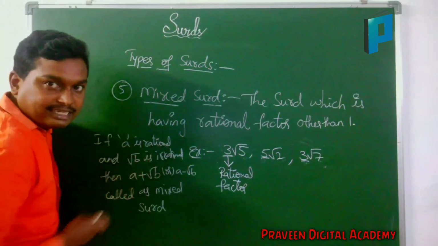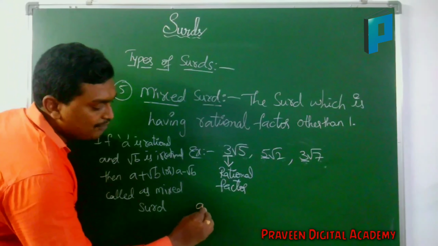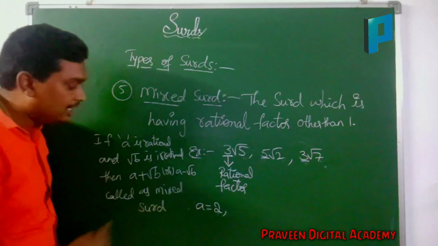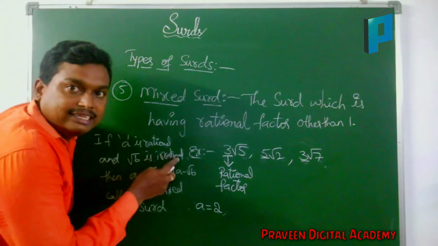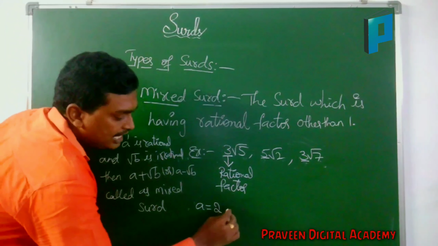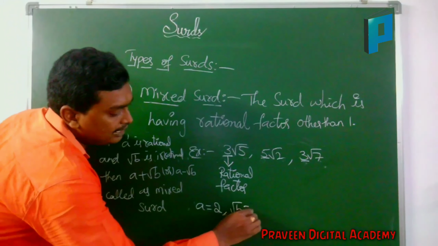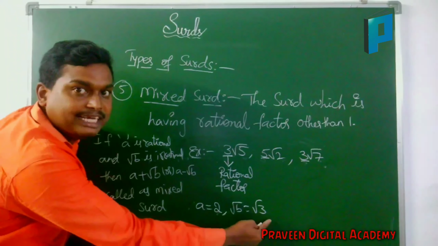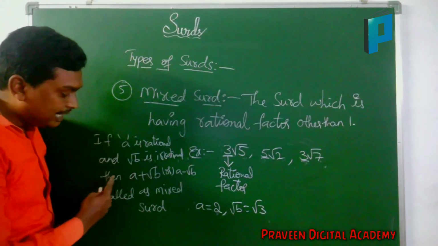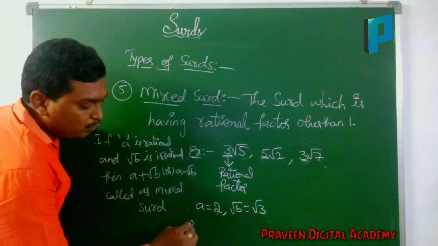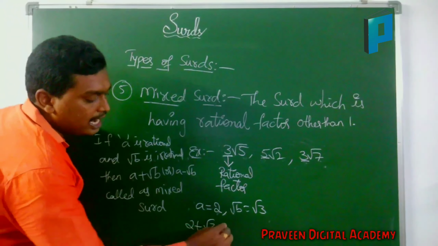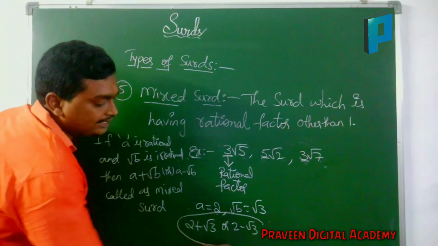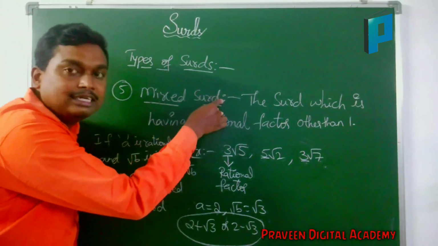If a is a rational number, means if I take a equal to 2, 2 is a rational number and root b is an irrational number. Here I will take root b as root 3. Here a is a rational number, root b is an irrational number. Then a plus root b, 2 plus root 3 or 2 minus root 3, we can say is a mixed surd.